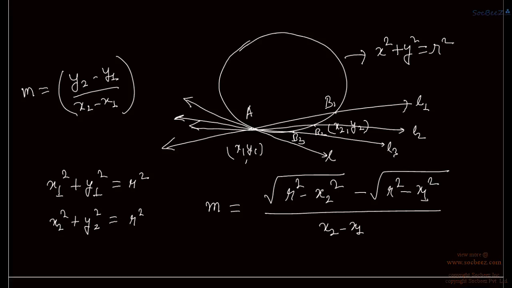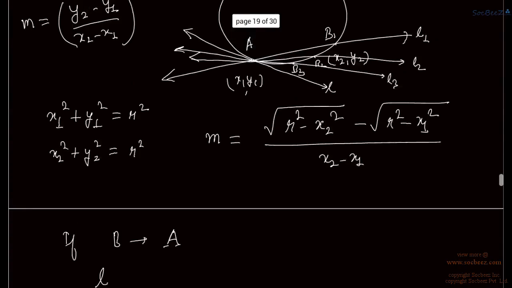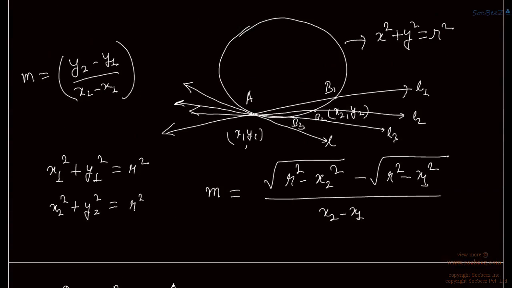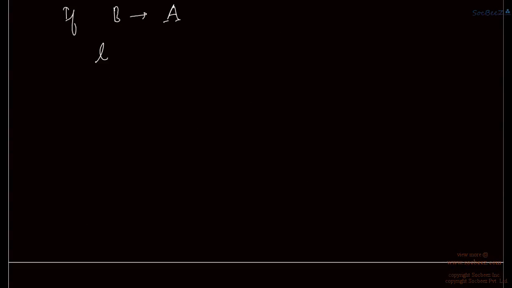So L3 is coming towards the tangent L. So we can write, if B approaches A, then these all L1, L2, L3 are secants, because they intersect the circle at 2 points.